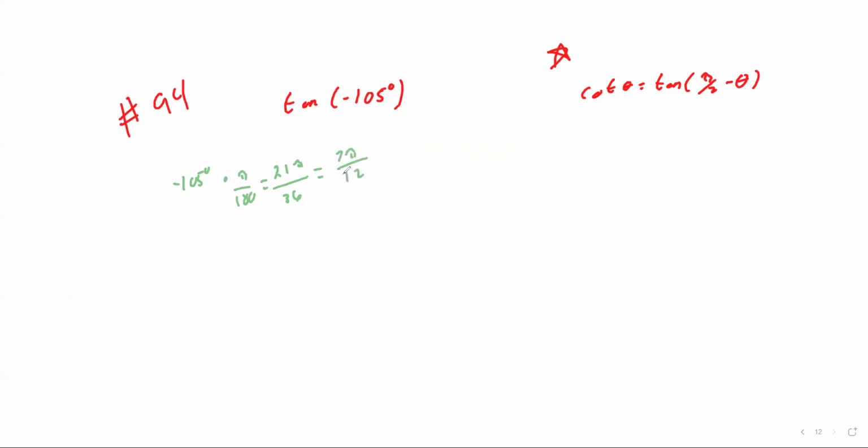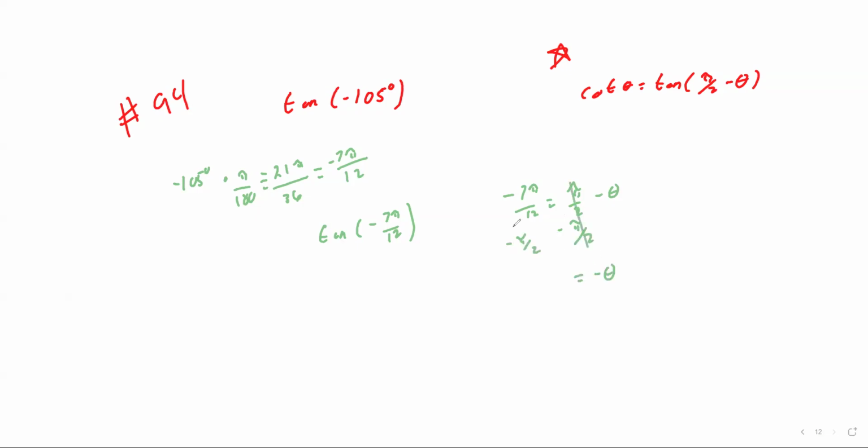Again, I recommend this way because it'll make your math easier with fractions in the long run. So this means that this is the same thing as tan of negative 7 pi 12ths. Right? That's the same conversion. All right. So with that said, this negative 7 pi over 12 has to be equal to pi halves minus theta. So I'm going to subtract pi halves on both sides.